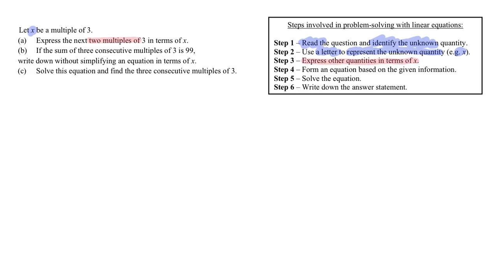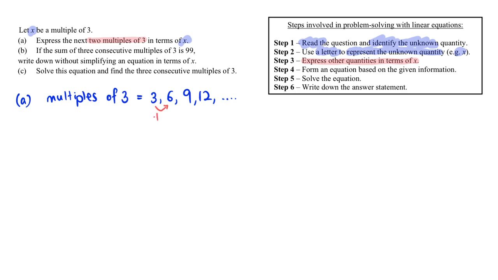The next 2 multiples of 3, we are going to write in terms of x. And so, x is a multiple of 3. Just to give you some context, multiples of 3 are 3, 6, 9, 12, and what do you think we always do?